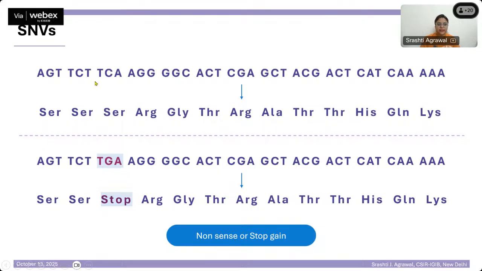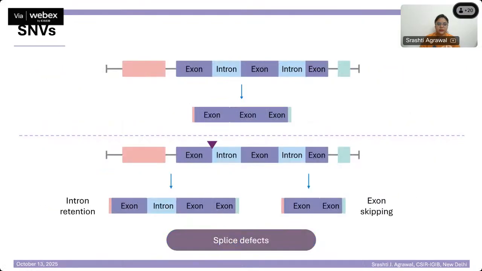For example, here TCA became TGA after a mutation of this C to G. And here, instead of serine, it became a stop codon. Therefore, the peptide sequence would stop here and this whole sequence would not be translated. So these are called nonsense or stop-gain mutations.